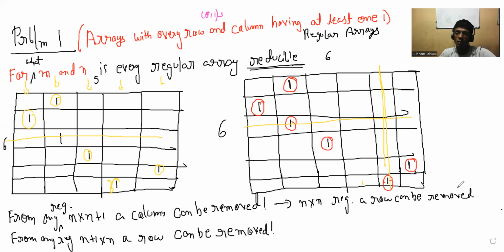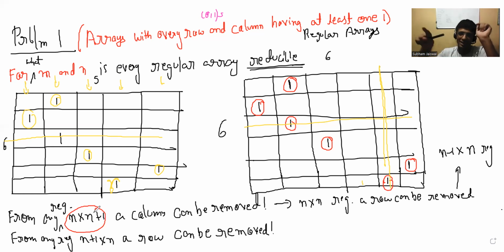What does it amount to? From here, you will get an n minus 1 cross n regular. What is the total amount? It means that even from this, which is the fantastic thing, you can remove a row and a column.